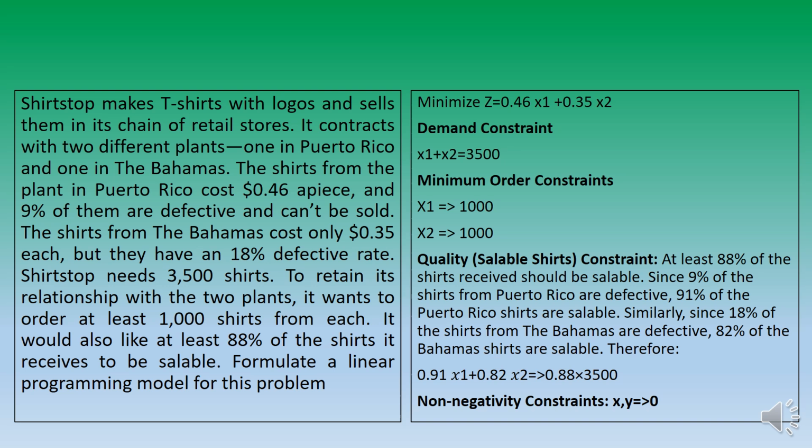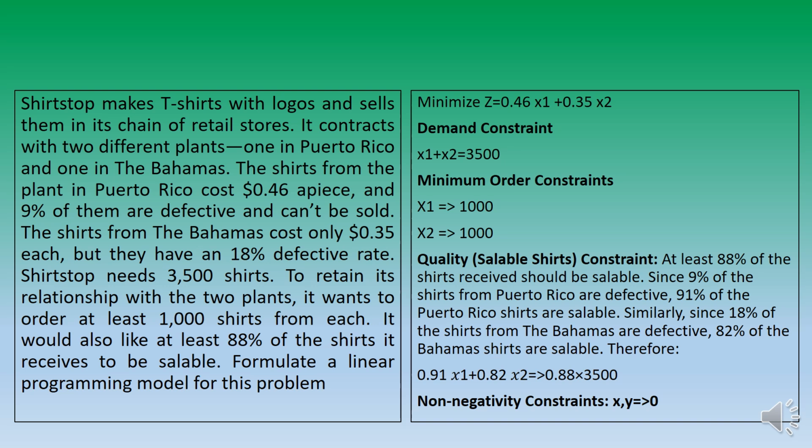It has to be a minimum, and because of that, you see the inequality sign is greater than or equal to. And for the non-negative constraints, you already know that x1 and x2 must be non-negative. We must find the total quantity of the Bahamas you will be ordering and the total quantity of Puerto Rico. This has to be found.